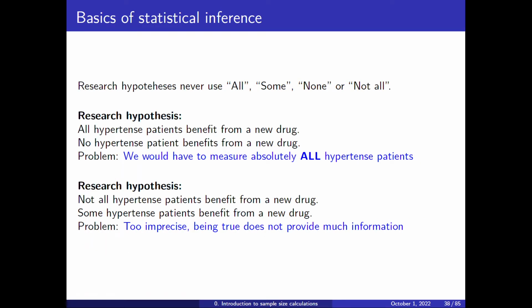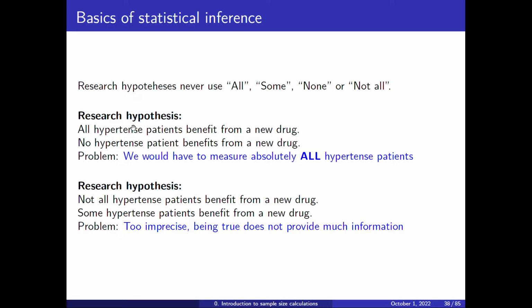Research hypotheses cannot use words like all, some, none, not all. For instance, let's say that I formulate my research hypothesis as all hypertense patients benefit from a new drug, or no hypertense patient benefits from a new drug.